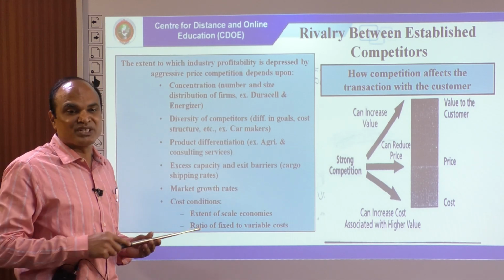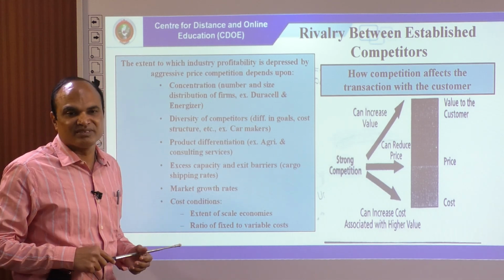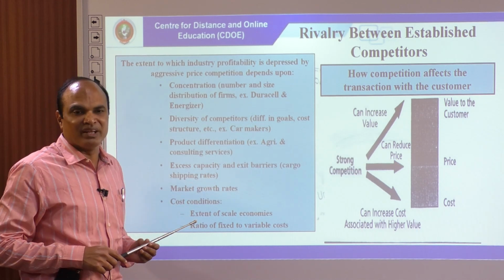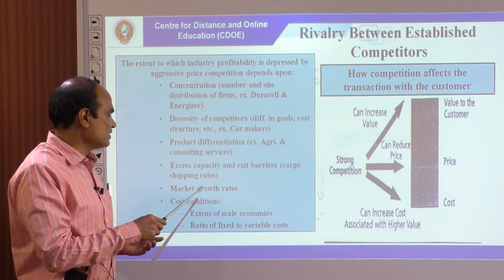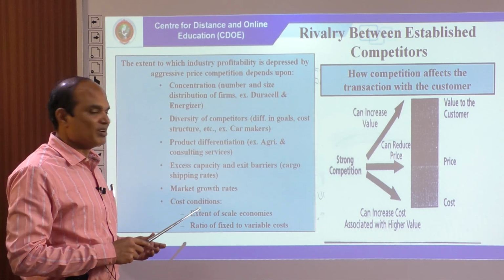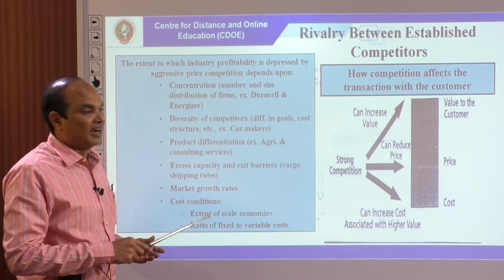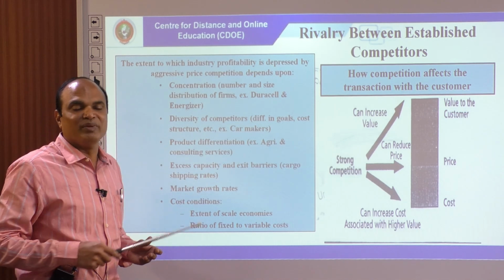That puts pressure on cargo shipping rates. Even if a shipping company would like to exit the business, it is very difficult, because it is hard to sell, and even if they want to sell, there will be no buyers.